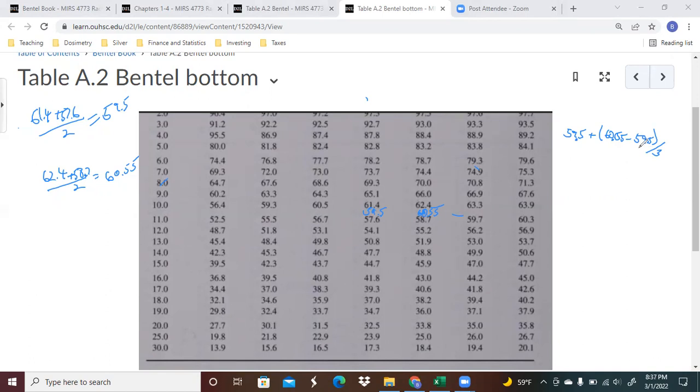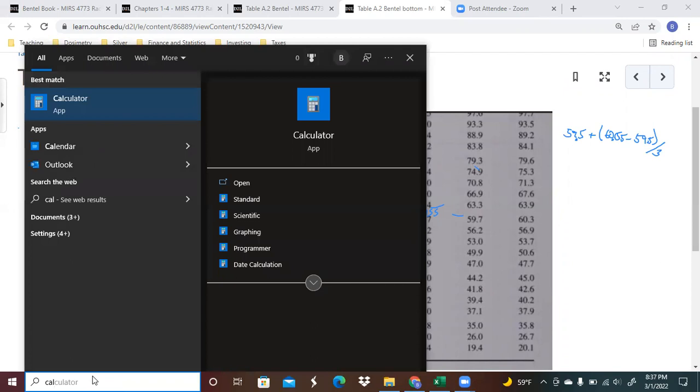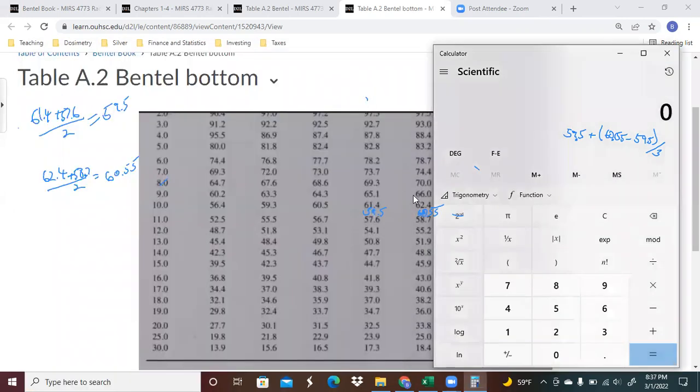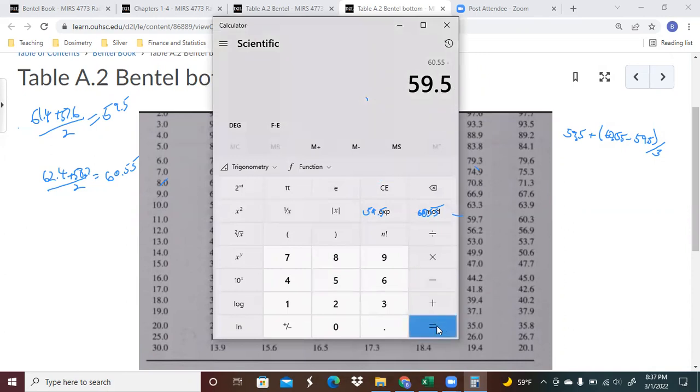So by doing this, what do we come up with? We've got the 59.5, so I'm going to take 60.55 minus 59.5, divide that by 3, and add that to this.